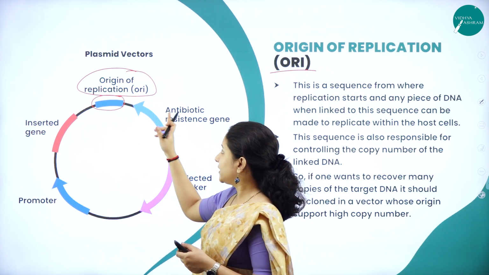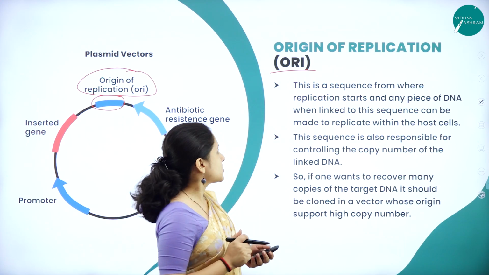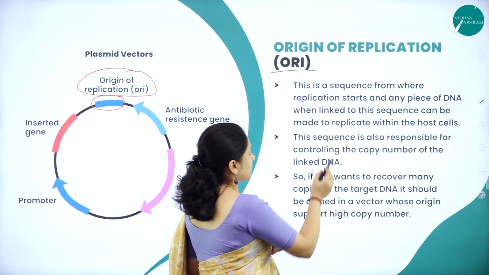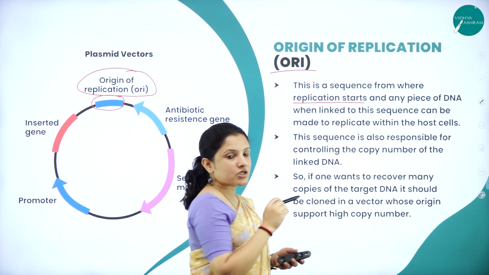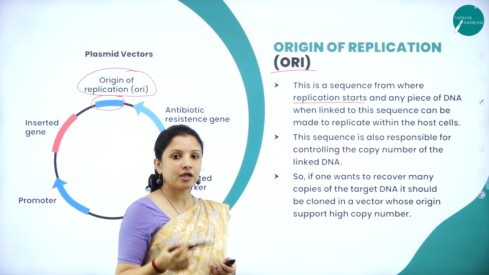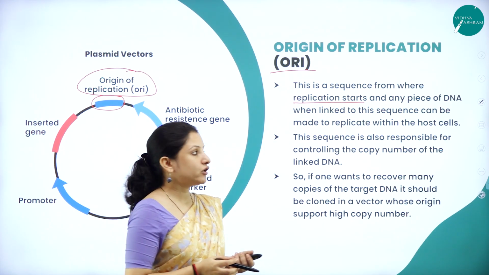That is why it is named the origin of replication, or ORI region. This is a sequence from where replication starts. What is replication? In molecular basis of inheritance, we have already looked into it, so please have a look at that video session.